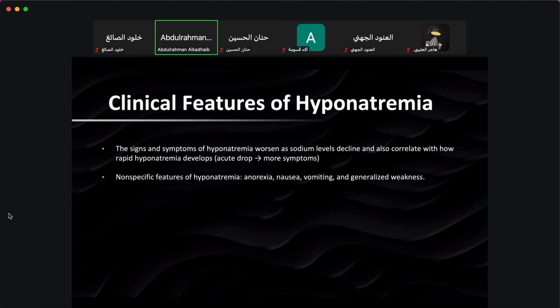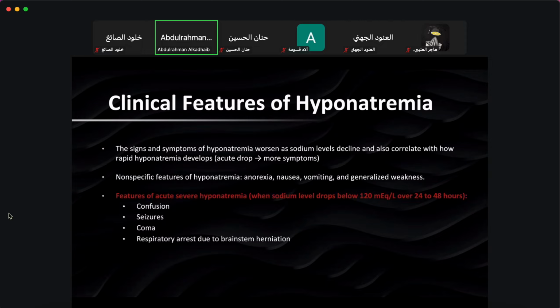As we said, the features of hyponatremia are non-specific. Unfortunately, it may cause vomiting and generalized weakness, which can be seen in so many other medical conditions. What we need to know are the features of acute or severe hyponatremia, and we usually see those symptoms, or a severe manifestation of hyponatremia, when the sodium level drops below 120, and when it drops acutely over 1 or 2 days.